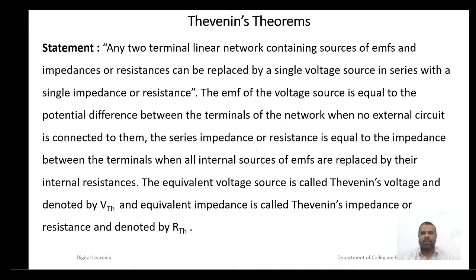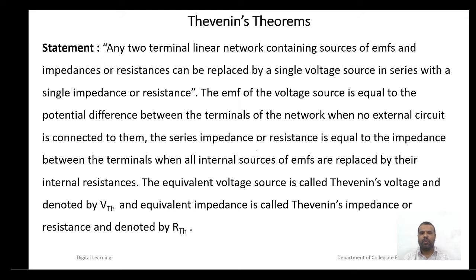The EMF of the voltage source is equal to the potential difference between the terminals of the network when no external circuit is connected to them. The series impedance or resistance is equal to the impedance between the terminals when all the internal sources of EMFs are replaced by their internal resistances.